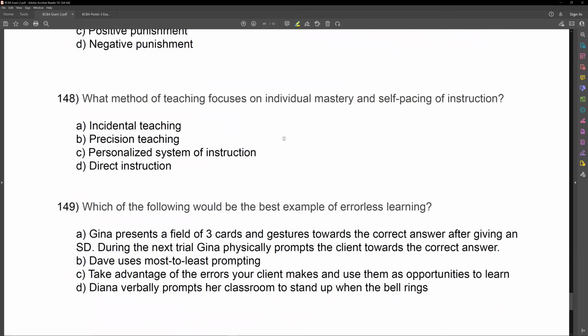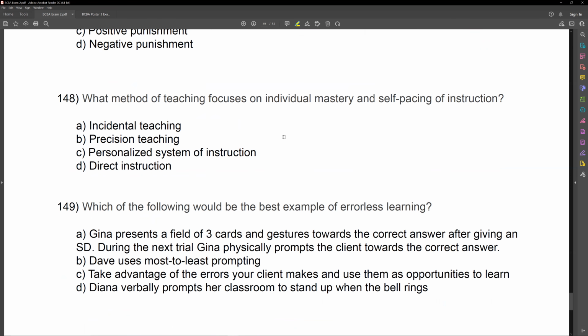148. What method of teaching focuses on individual mastery and self-pacing of instruction? Okay. We included the different types of ABA teaching because we think it's important that we know them, right? So if we're talking about an individual mastering self-pacing, are we talking about incidental teaching? No, incidental teaching is naturalistic teaching. Are we talking about precision teaching?